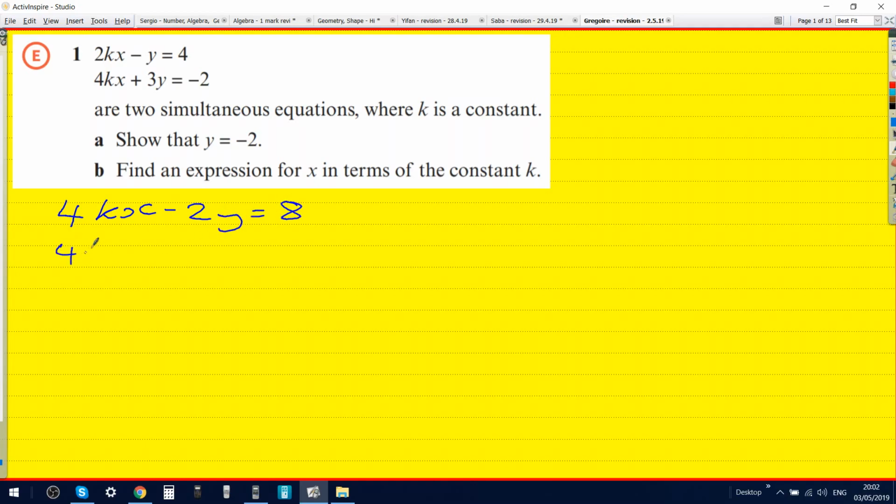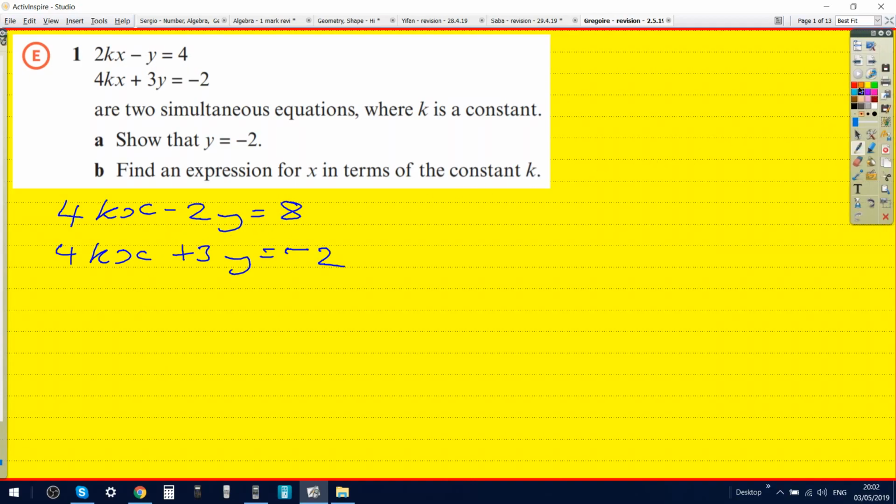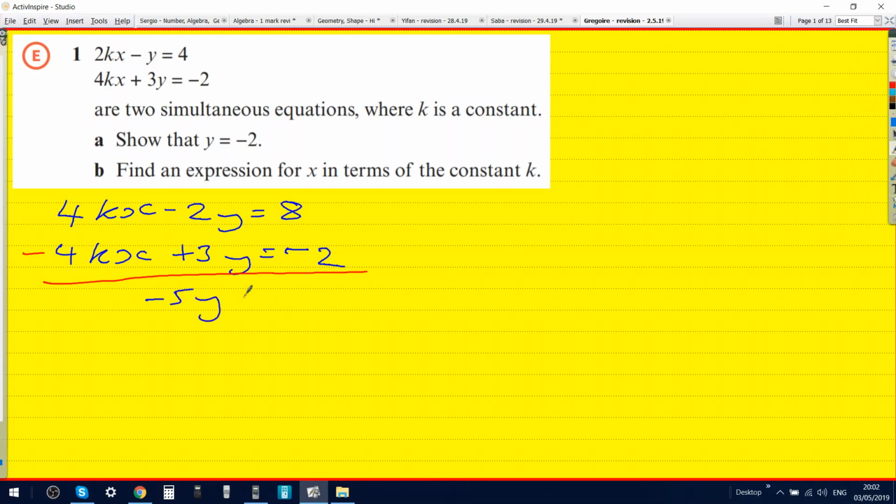And then the bottom one will be the same, so 4kx plus 3y equals minus 2. And then we subtract them from one another, so it becomes minus 5y equals 10. And then that simplifies to y equals minus 2.